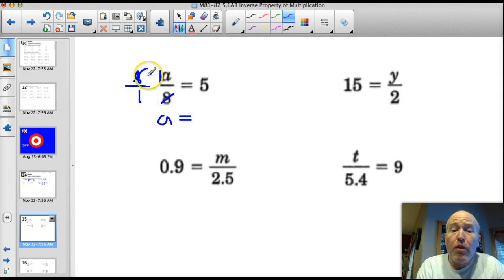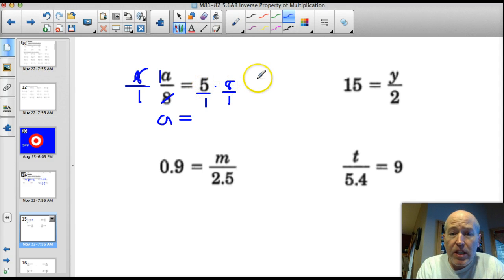But whatever you do to this side of the equal sign, you have to do to that side. So I have to multiply this side by 8/1. That reciprocal, remember? This was like 1/8, 8/1. So if I put my multiplication sign in here, I'm just going to make this to help me remember that that's really 5/1.